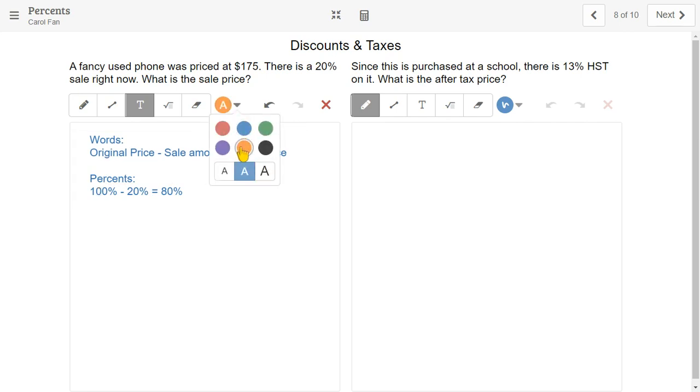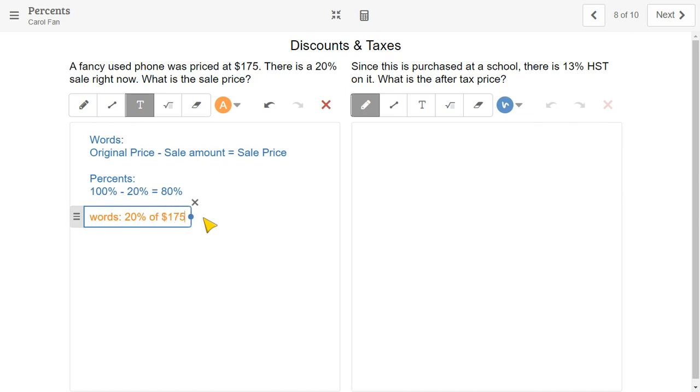Now, the first one, when I'm doing it in words, I want 20% of 175. So, as a math equation, I have 0.20 times 175. Throw it into your calculator and you'll get $35.